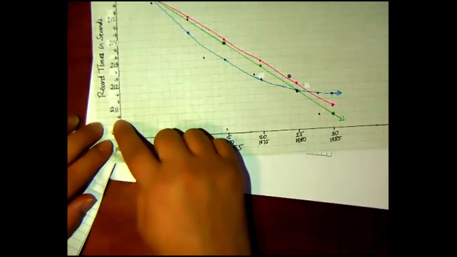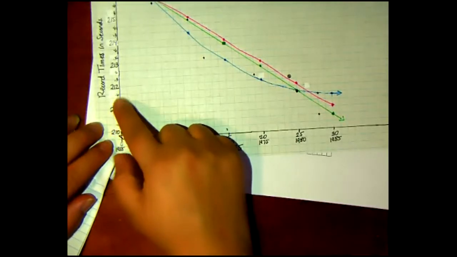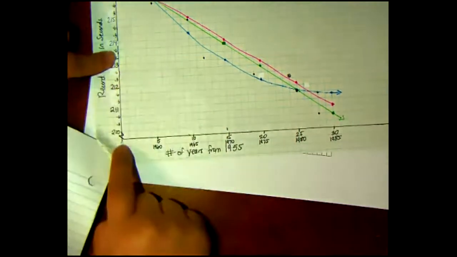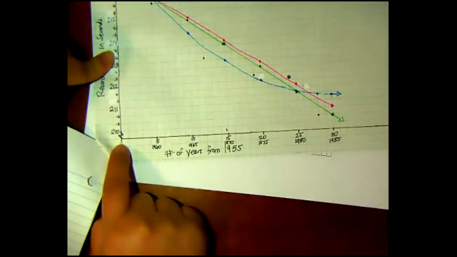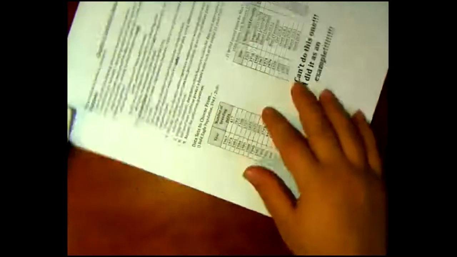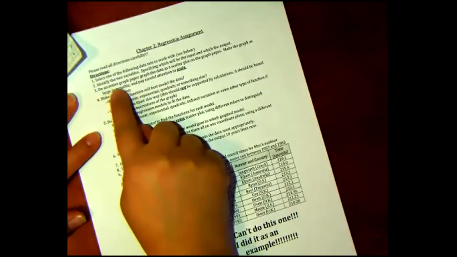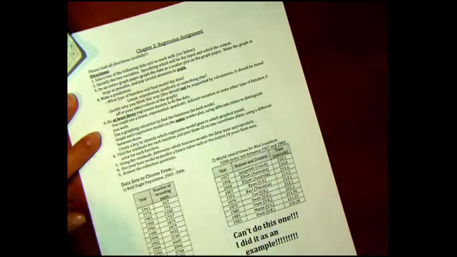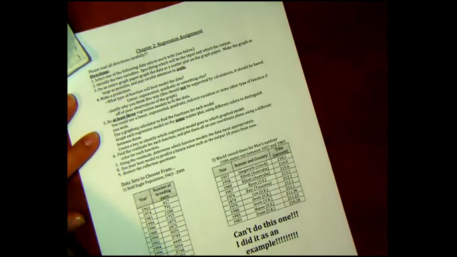Now, I could have just done 2010, 2011, 2012, all the way to 2019, and I would have only gone this high up on my Y. But if you pay attention to the directions, it says on an entire graph paper. Pay attention to the scale, because I want you to take up the entire page.